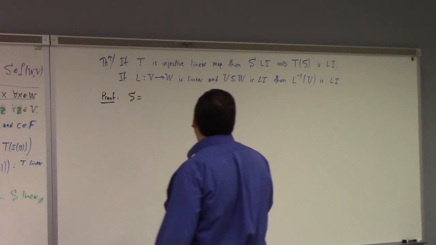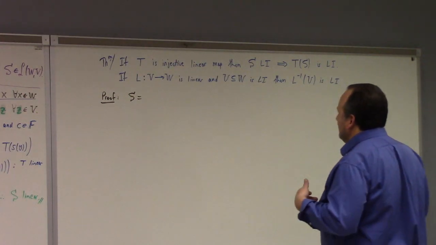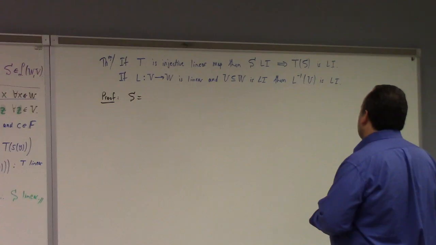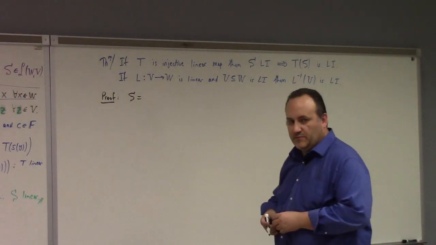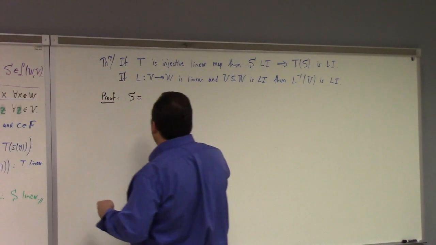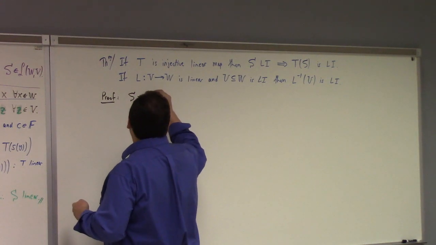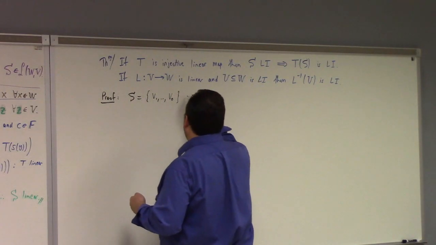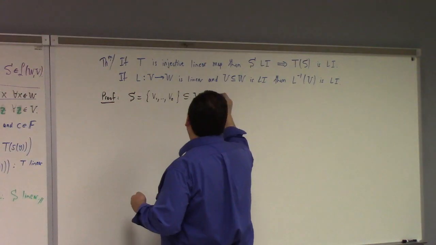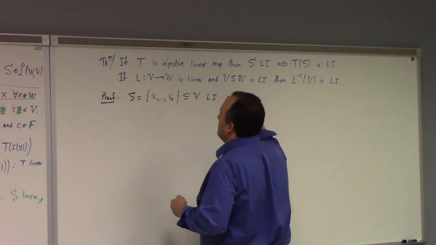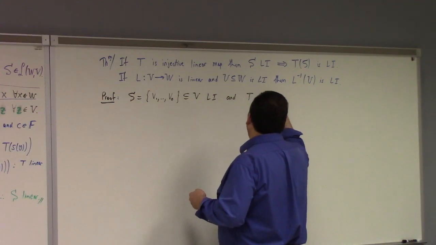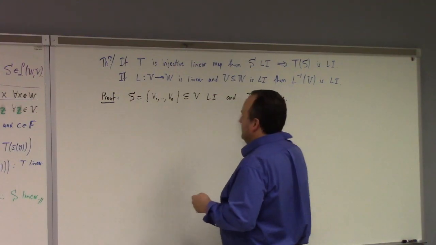I'm pretty sure this proof would still work in infinite dimensions, but I'm going to give a finite dimensional proof to reduce the cognitive load here at the moment. So S is v1 through vN, let's say N, a linearly independent subset of V, and T injective. All right, suppose this.